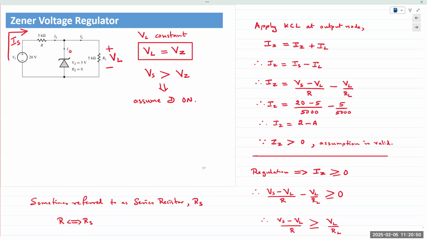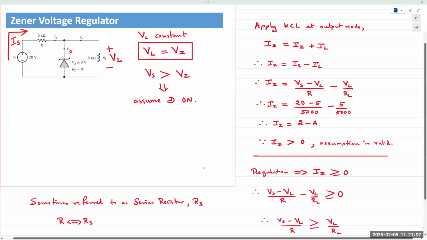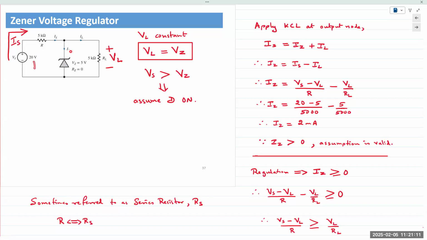Now, if you have a Zener diode in there, the Zener diode holds the voltage constant. So what happens to all of that extra voltage? Series resistor, yes, but also when the voltage increases, what else increases with it? The current increases. So if voltage increases, current IS also increases.